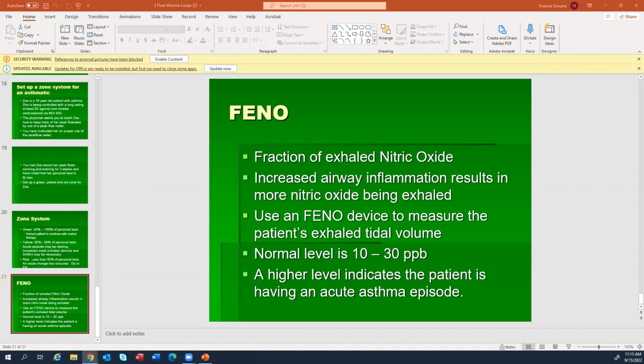I know it was in the PowerPoint. Yeah, so review that. It was 150 ml change from the FVC and the FEV1, right? Or was it 200 ml?